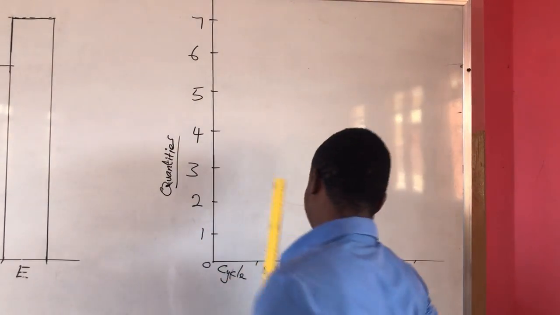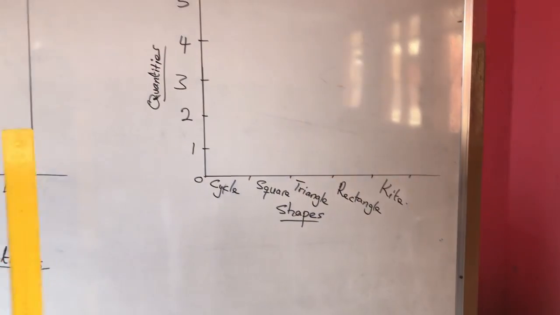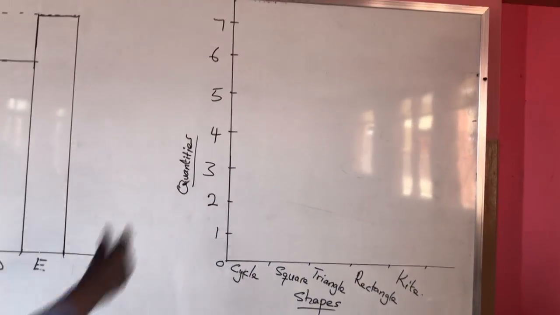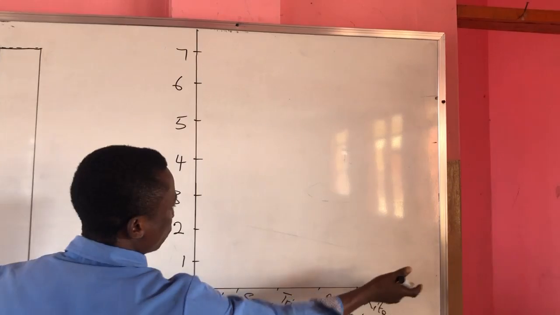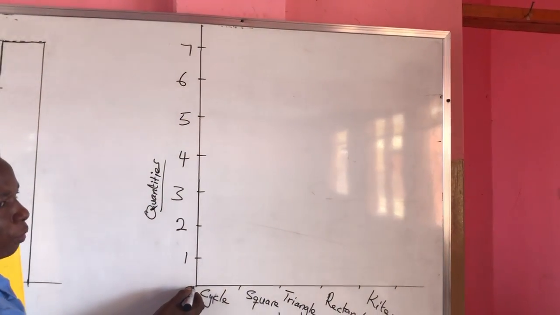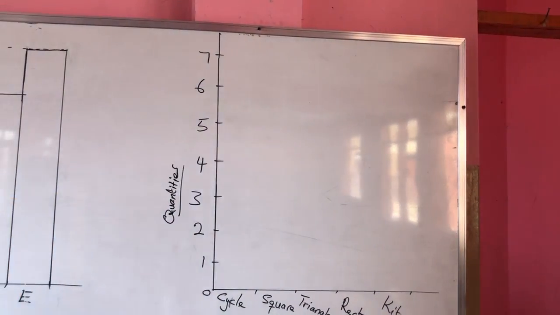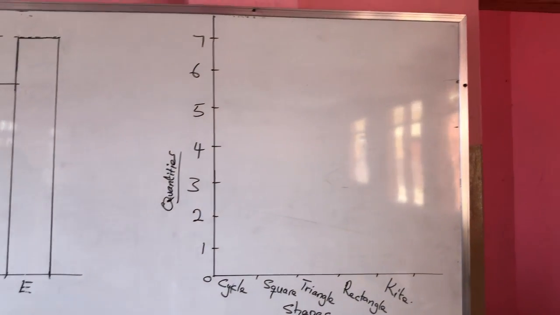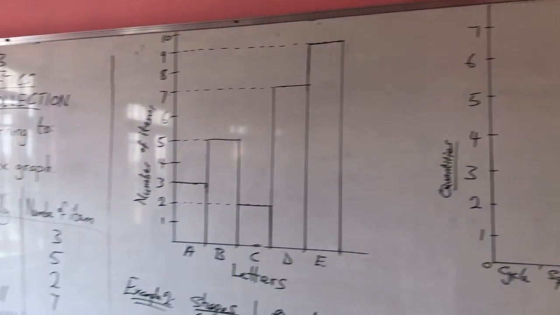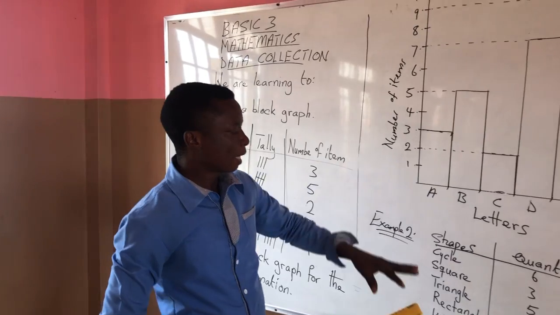Quantities, then shapes. All right, this is our vertical line, this is our horizontal line. Where they meet is the origin, 0. All right, now let's try to represent our information.